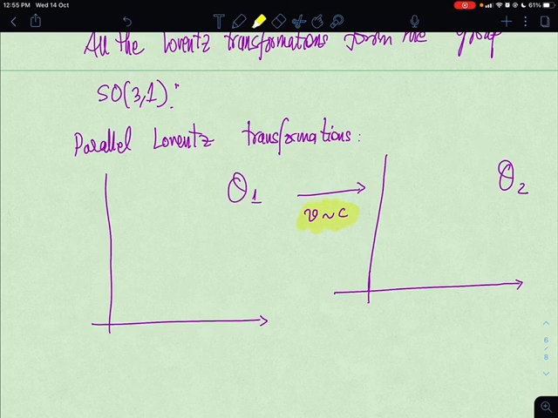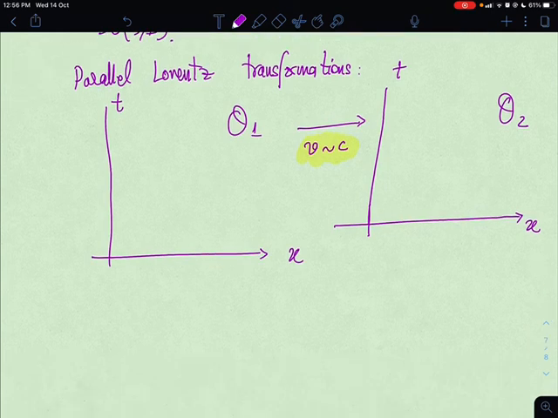Let's take x in this direction, it's only moving in x, and the other direction I take to be time. So unlike x, y, z in the previous case, we have taken x and t in this case. This distinction you should keep in mind.